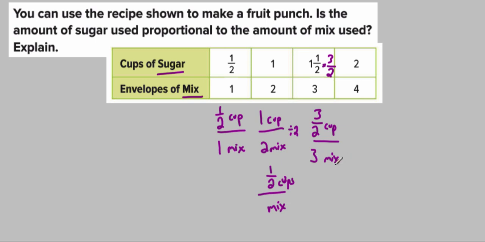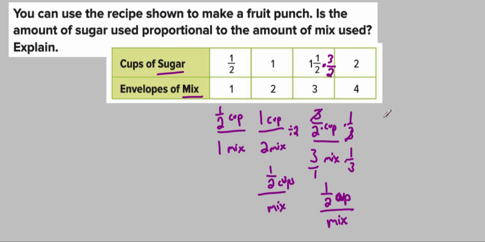Well, I don't want to divide by 3, so this is one of our complex fractions. So I'm dividing by 3 over 1, so I want to multiply by 1 over 3. 3's cancel out, and I'm left with 1 over 2, or 1/2 of a cup for 1 packet of mix, because my denominator turned into a 1.